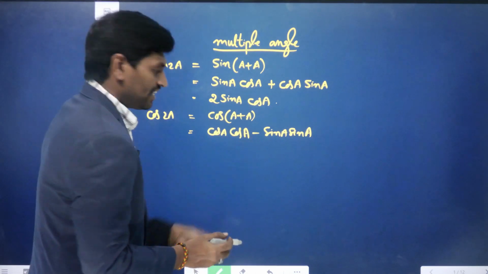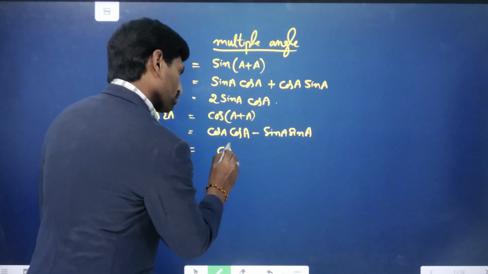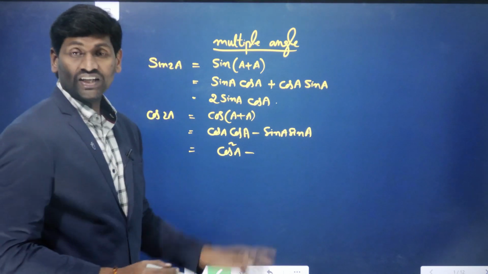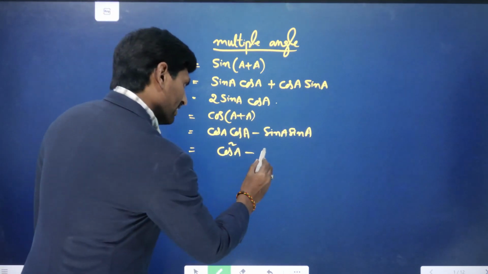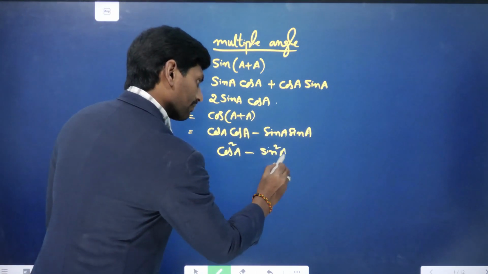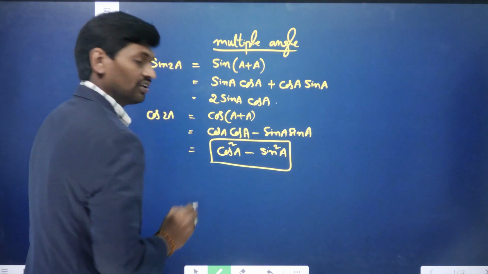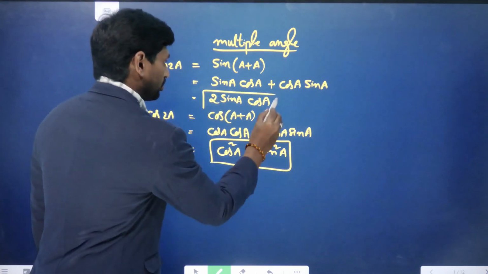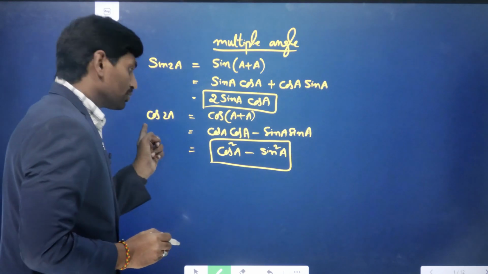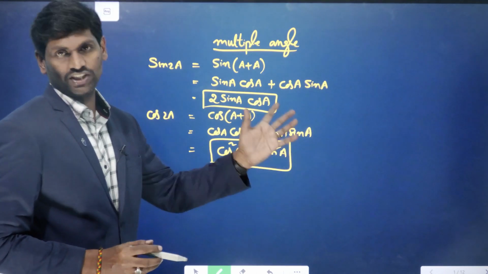So cos A into cos A is cos square A, minus sin A into sin A is sin square A. So the sin 2A formula is 2 sin A cos A, and the cos 2A formula is cos square A minus sin square A.